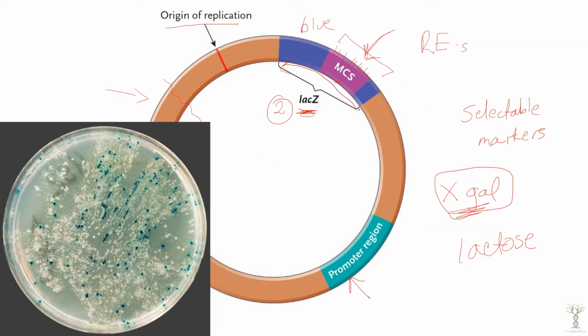So when this gene is transcribed, when there is no human insulin gene inserted into the multiple cloning site region, so this whole area is intact, then the bacterial colonies are going to be blue. So think about what might happen to that LAC-Z gene if we insert a human insulin gene into that multiple cloning site. Okay, we're going to come back to that.